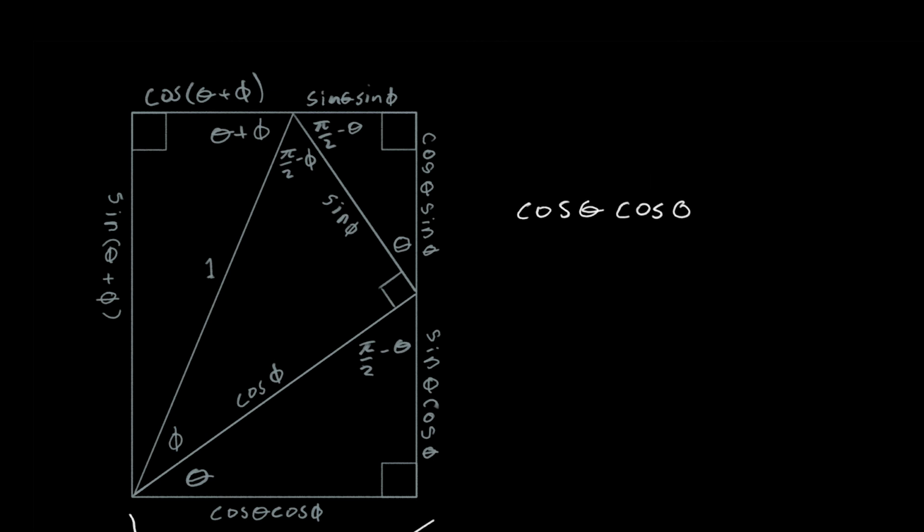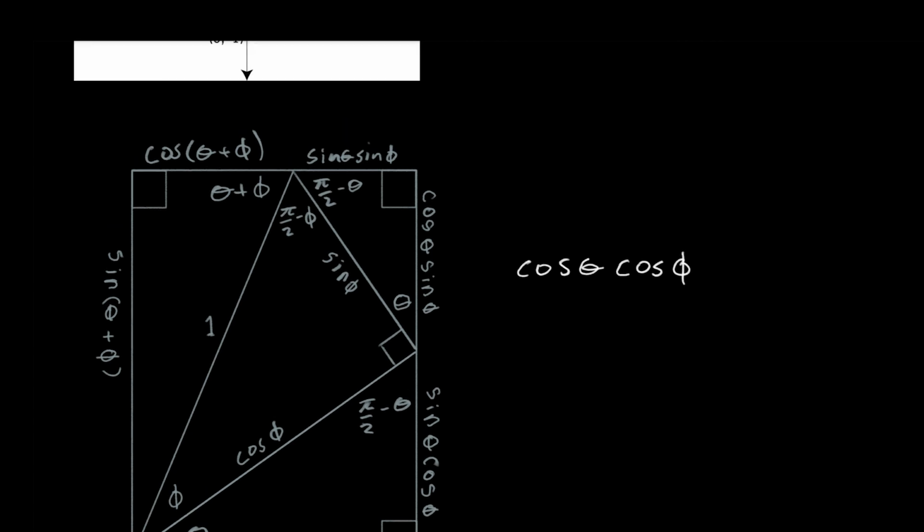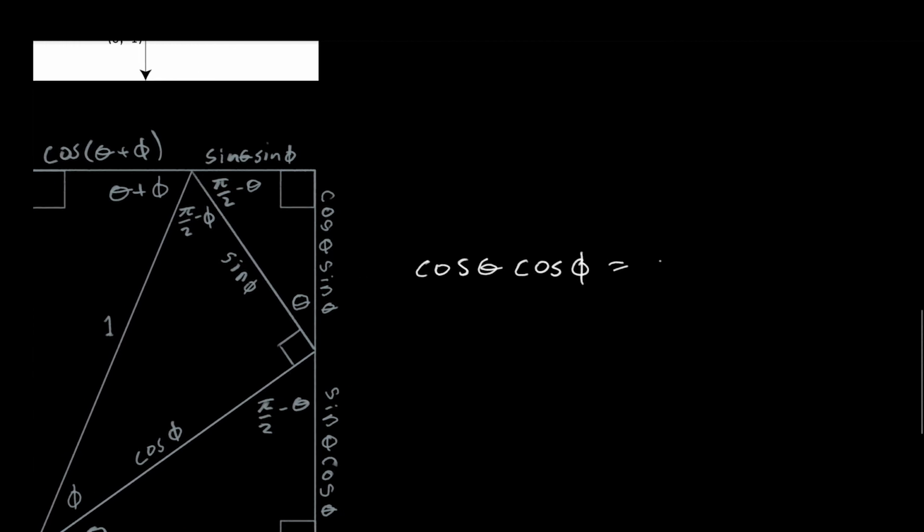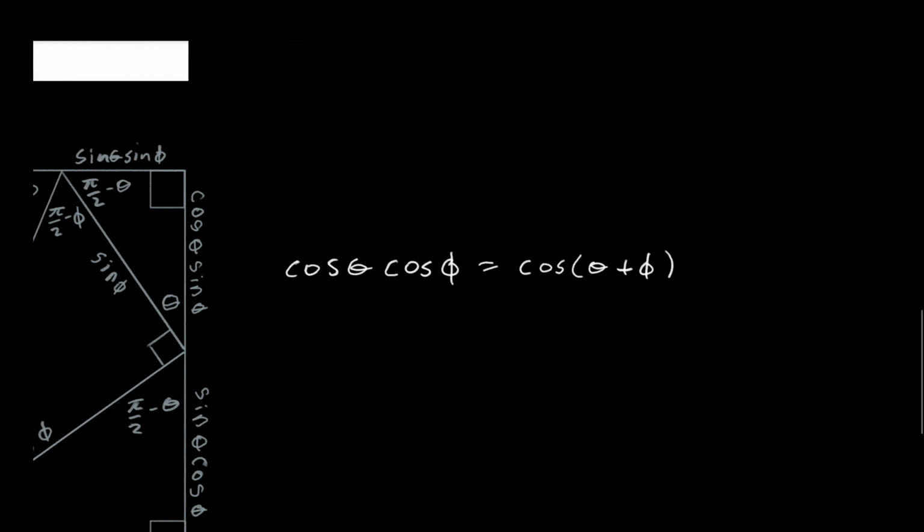And we have an expression for the top length, and that's basically this expression plus this expression. So we can set them equal. We're basically saying that the length of the top side equals the length of the bottom side. So these are the two expressions that we sum to get the length of the top side of the rectangle.